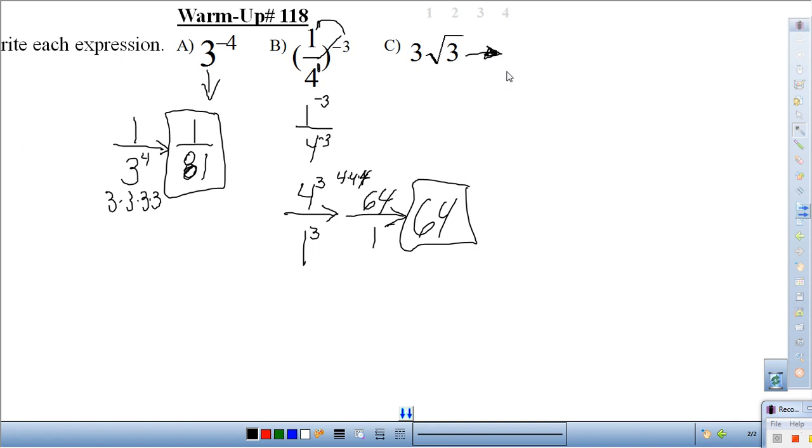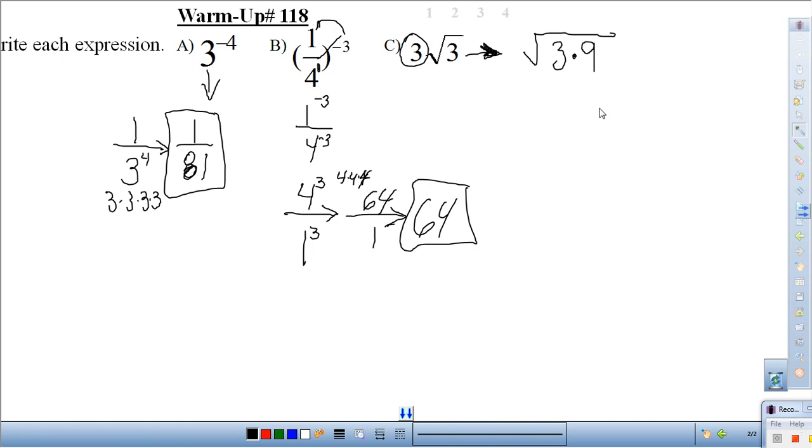You're saying, but it's already simplified, Mr. Q. I know, but they want us to rewrite it, I guess, to the original form. So this 3 came out of the radical. And what do we know about radicals? That is square roots. So what is the inverse of a square root? Squared. So what is 3 squared? 9. So this was square root of 3 times 9.